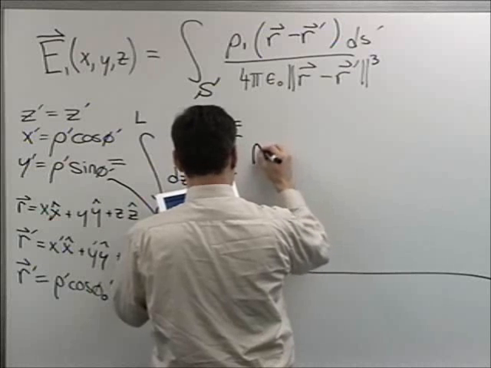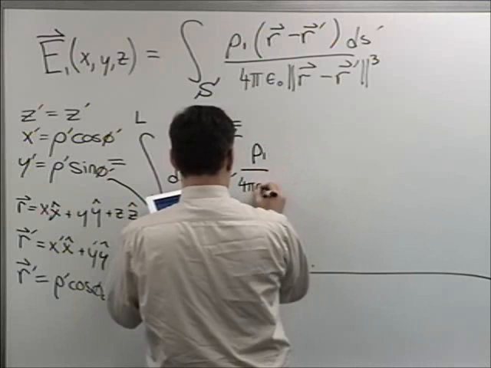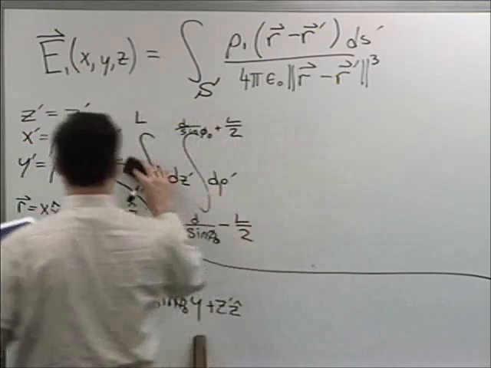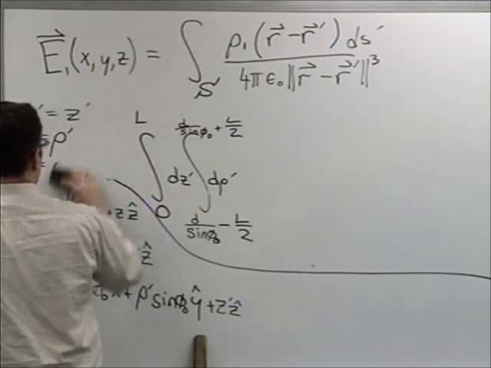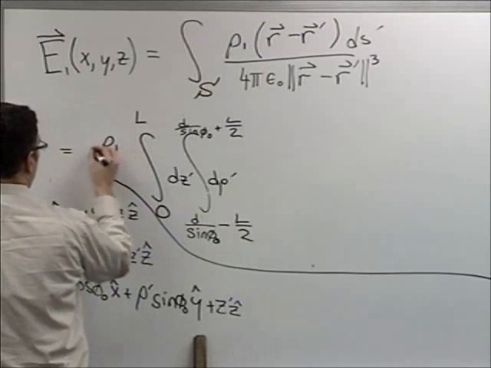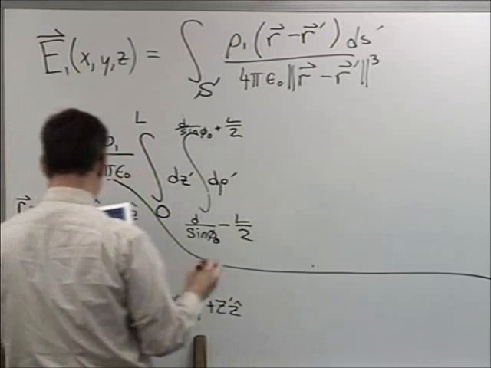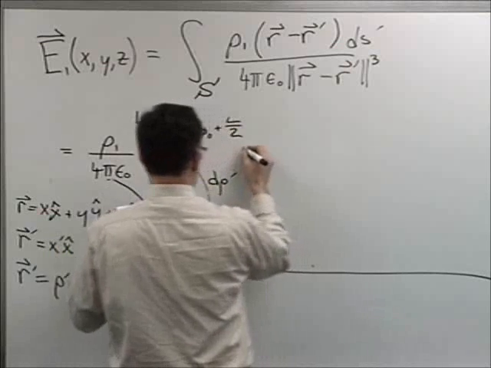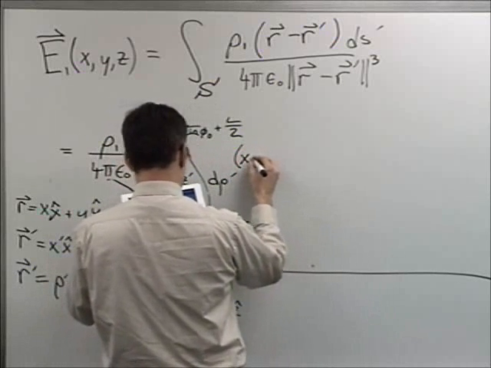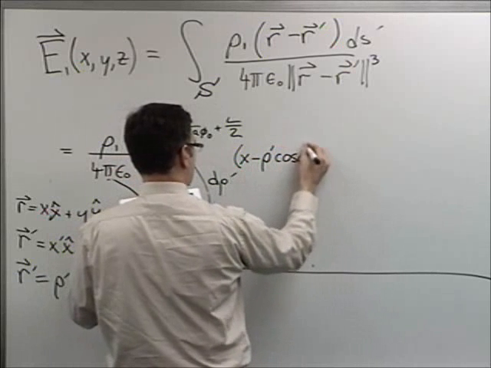is going to be rho sub 1 divided by 4 pi epsilon naught. In fact, I'm just going to take that outside the front because that's all a constant. What I'm left with in here is going to be x, my point of observation in the x, minus rho prime cosine phi naught.